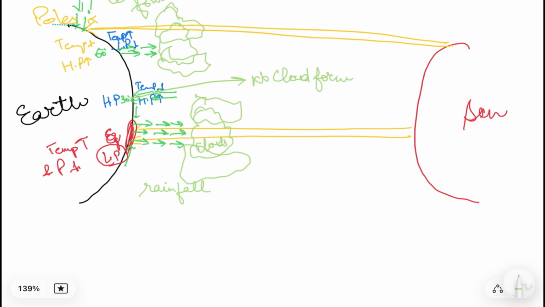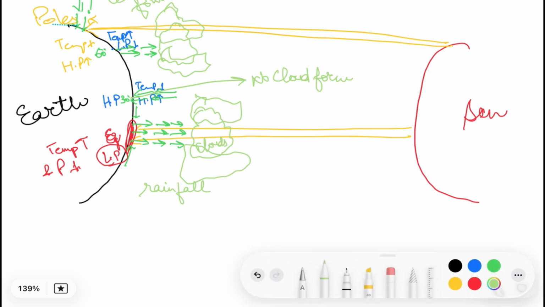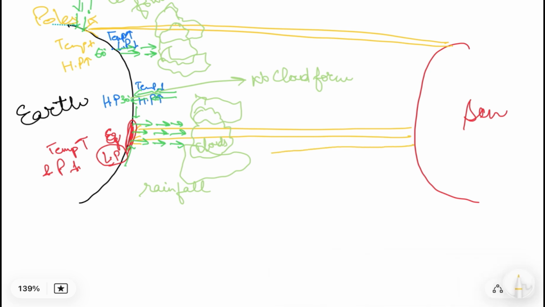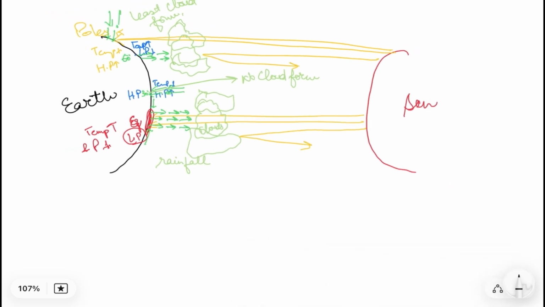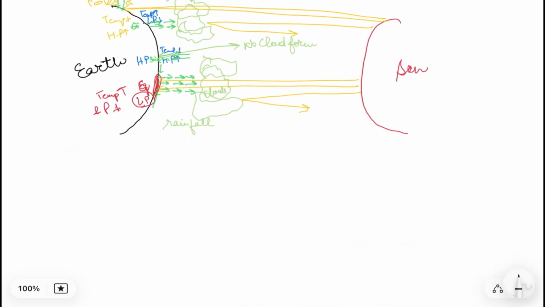So here what we have concluded is that with the formation of the cloud, the incoming solar radiations will get radiated back. So what we have studied here is at poles there are the least clouds formed.